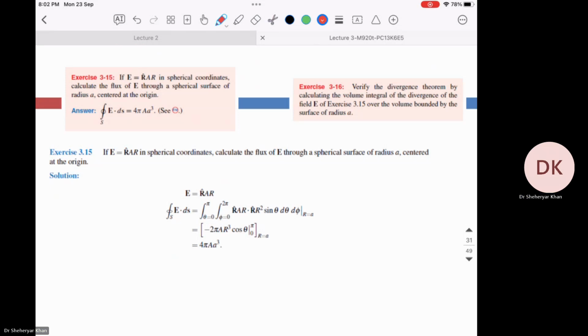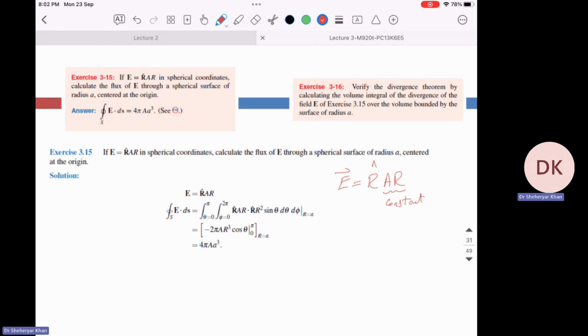This question, you are given a vector field E equals A R, so that means you have a vector field E. A is a constant, R is the radius, and the direction is R. Can anybody draw this field?